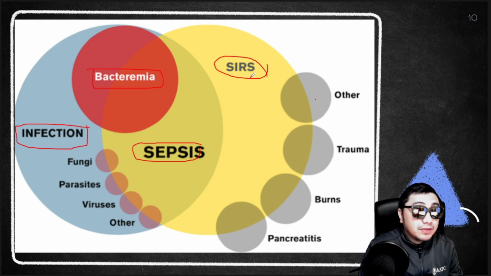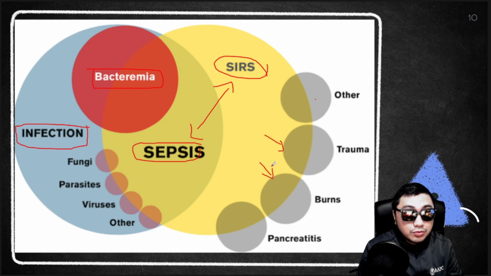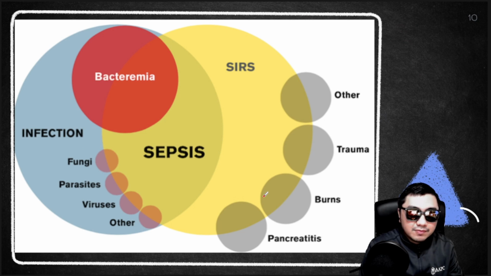Okay, so that's the main difference between SIRS and sepsis. Also, SIRS may be due to trauma, maybe due to burns, or pancreatitis, for example. So if the patient has any sort of systemic response in the body, that may be because of these types of diseases or trauma. As you can see, sepsis is due to microorganisms, for example, fungi, parasites, viruses, bacteria, or other things. Okay. So that's how you will use this diagram. If you want to take a picture of this, please feel free to do so, or you can take screenshots as well.